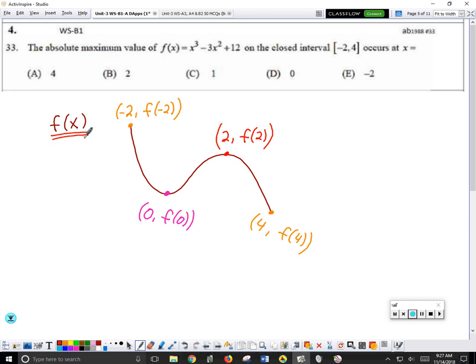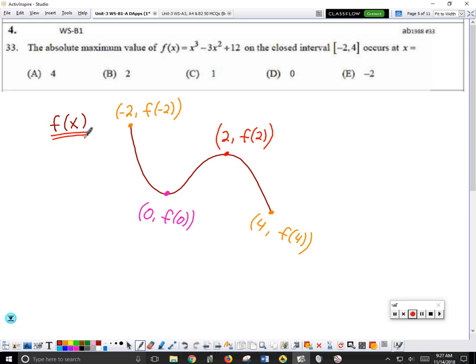Any questions about what is meant by absolute max versus relative min versus absolute min? You should remember from Unit 1 that if they mean relative min, relative max, or relative extrema, they will always use the word either relative or local. You must memorize that.